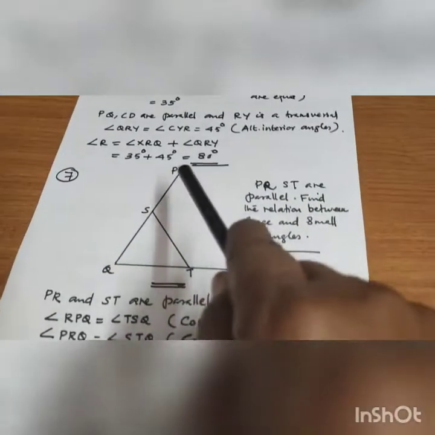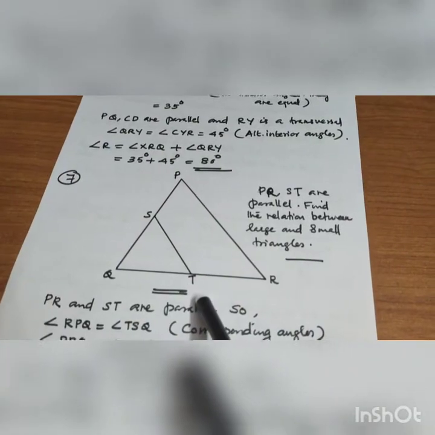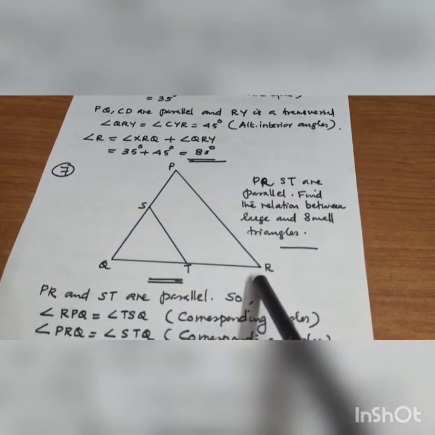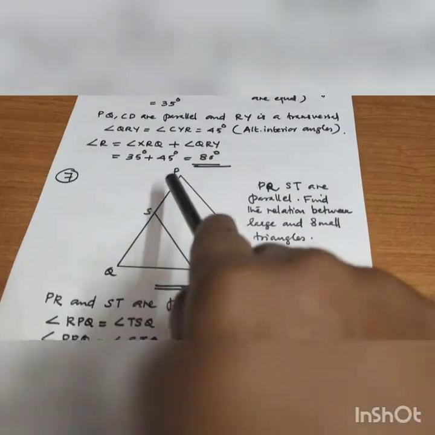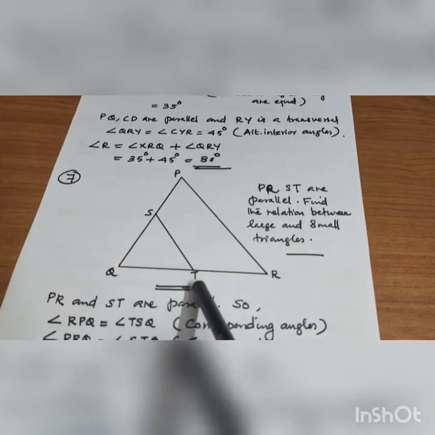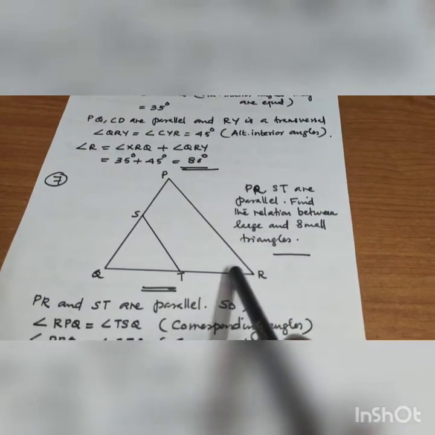And when PR and ST are parallel lines, QR is the transversal, then angle PRQ and angle STQ are corresponding angles.